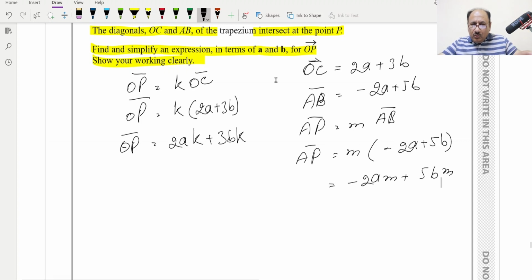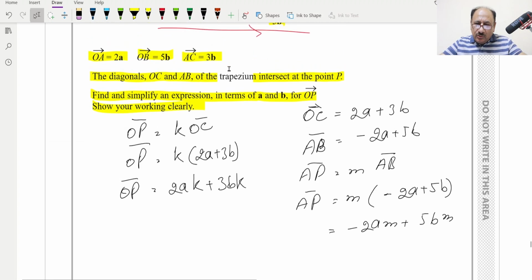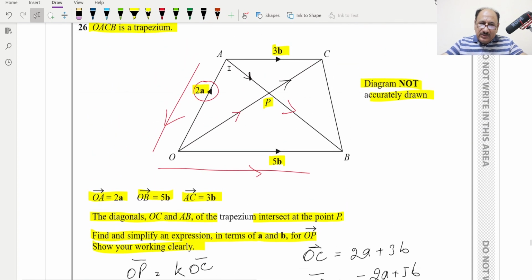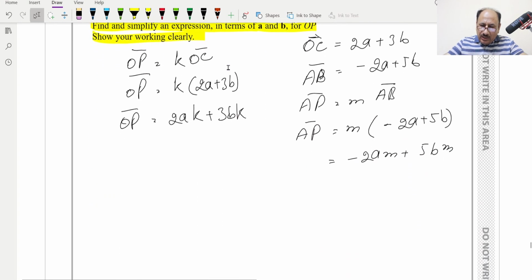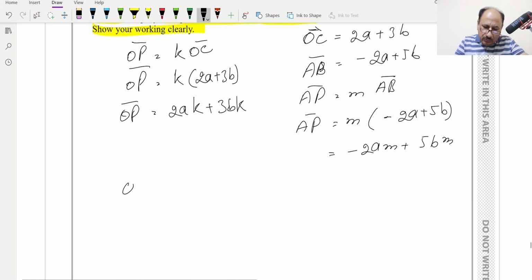Now we know that OP is equal to what? OP is equal to OA plus AP. So the same thing we can write: OP vector is equal to OA vector plus AP vector.